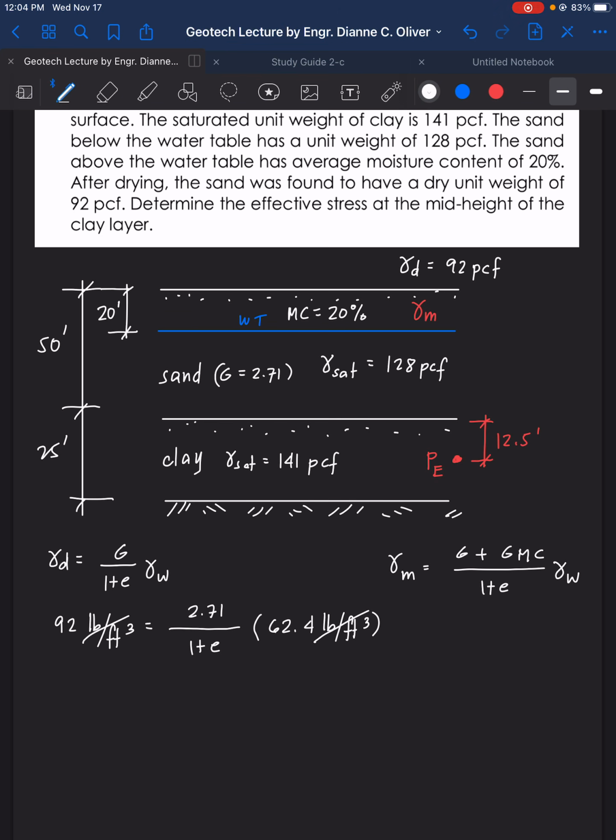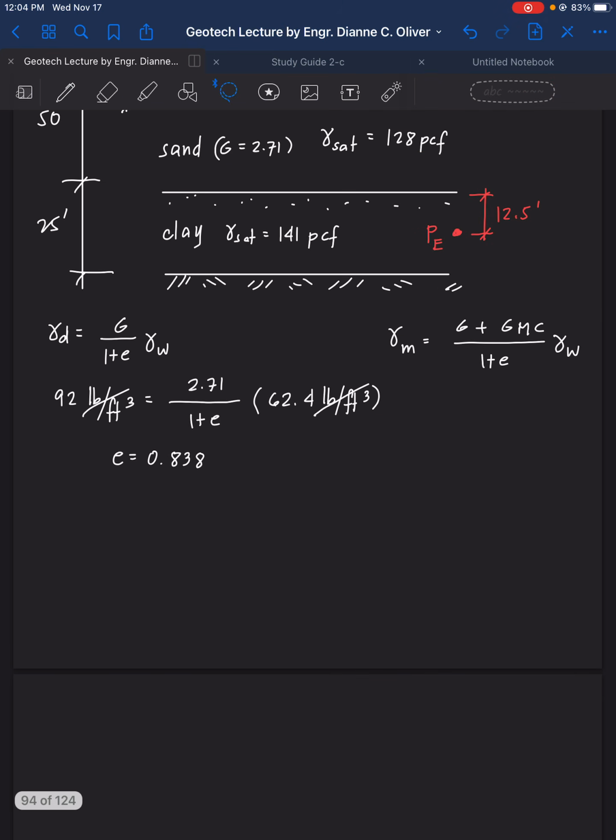Cancel this unit. What's left is the value for E. That is equal to 0.838.